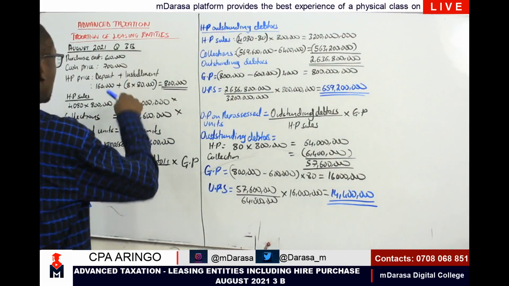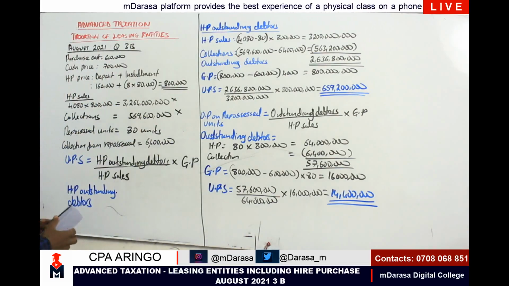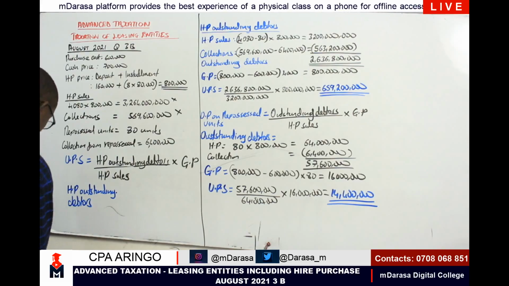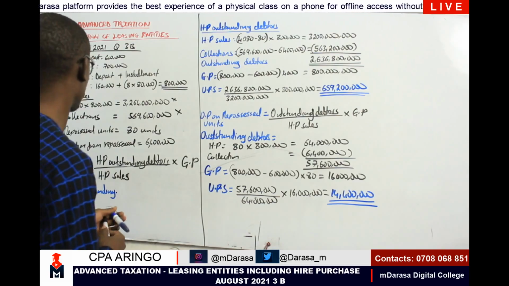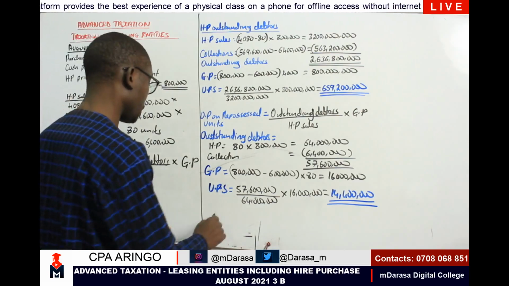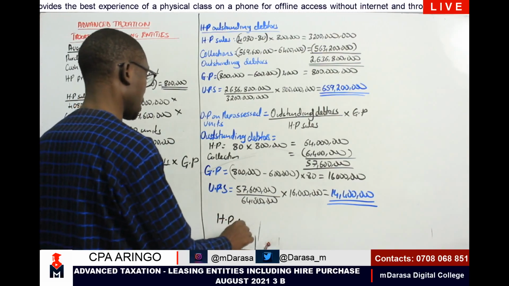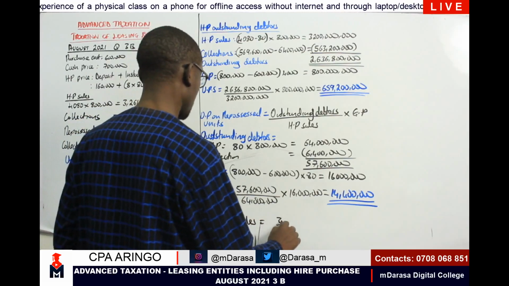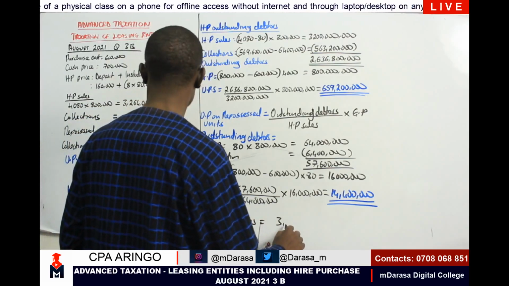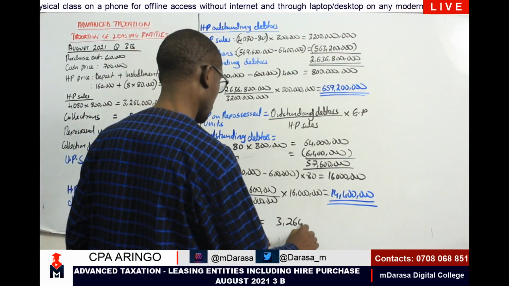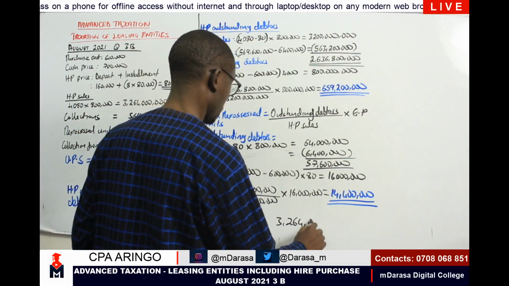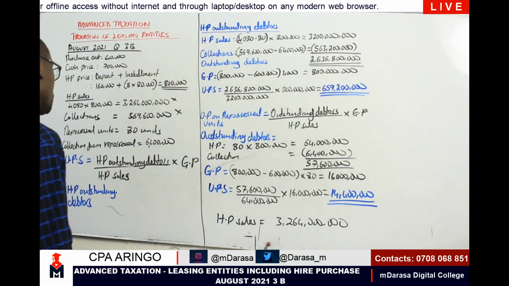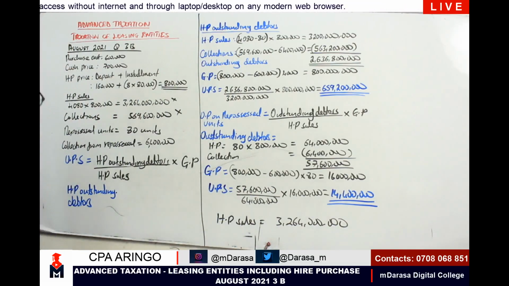Allow me to erase here, because we've already used all these items. I'm just marking the figures here so that we do not repeat ourselves. Higher purchase sales is 64 million.